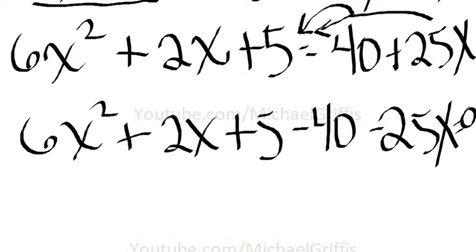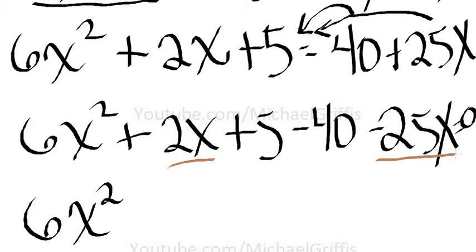Okay, so now we can look at all our like terms. We don't have any other terms that have degree 2, so we'll just rewrite that. But we do have, we'll use a different color, a 2x and a minus 25x. So we can go 2 minus 25, which is going to give us negative 23x.